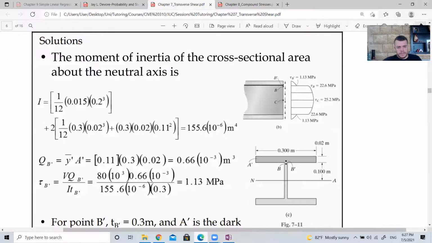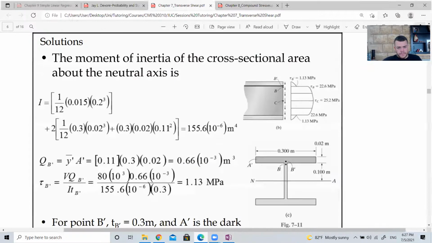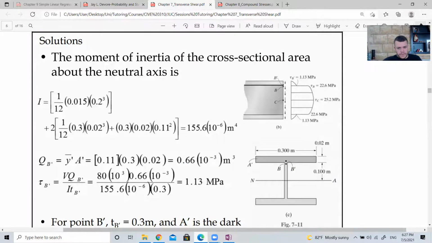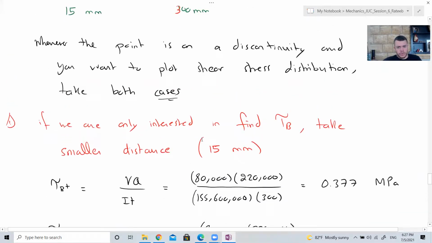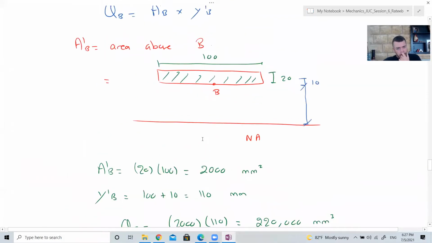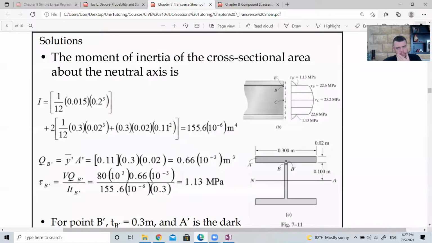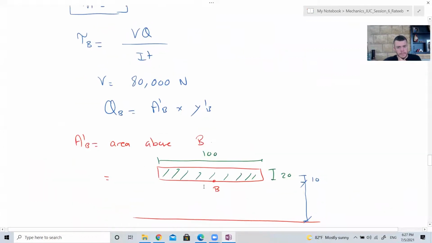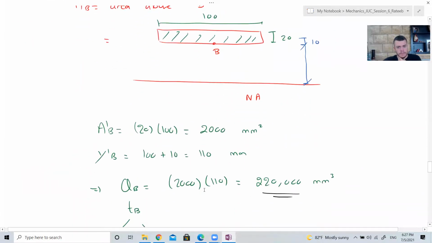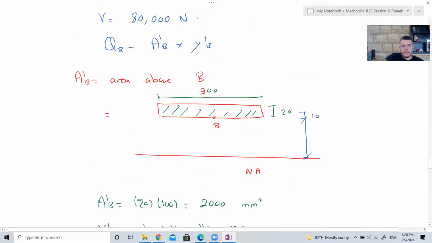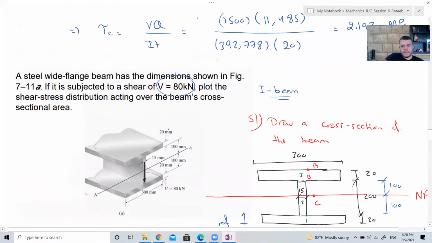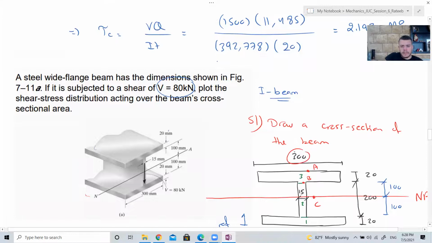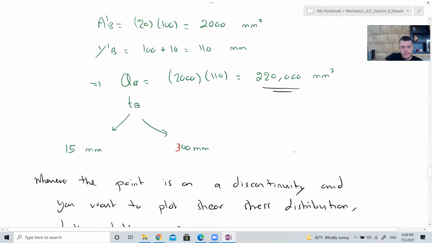Let me check, please. Okay, the Q here is wrong. It's 20 times 3 times 110. Here it's times 300, and I took it as 100. Right, I made a mistake here, I took it as 100. So let me correct this.